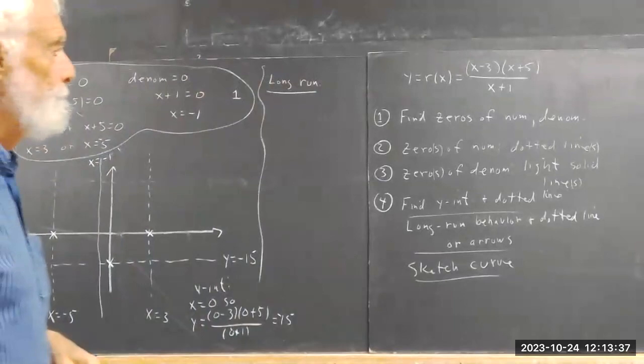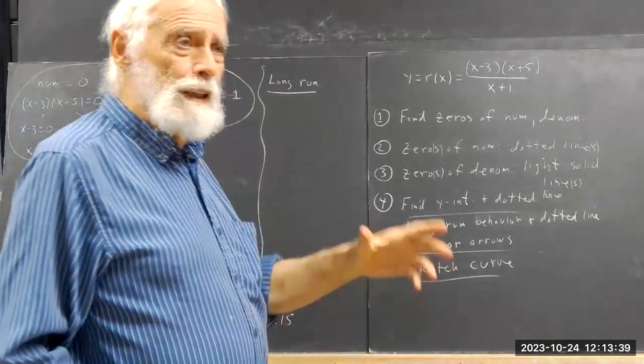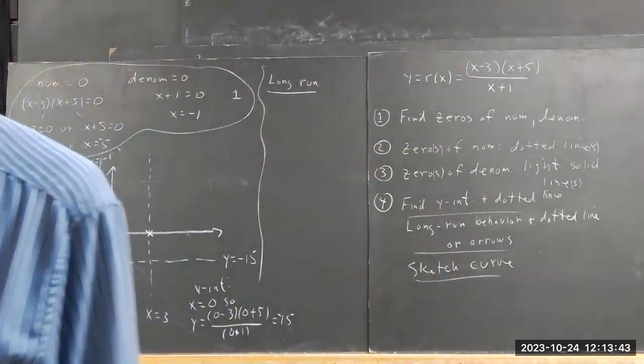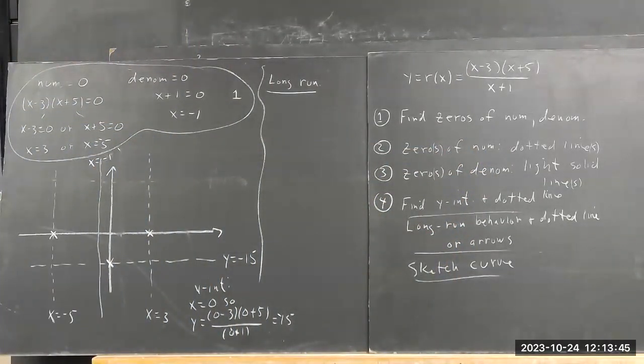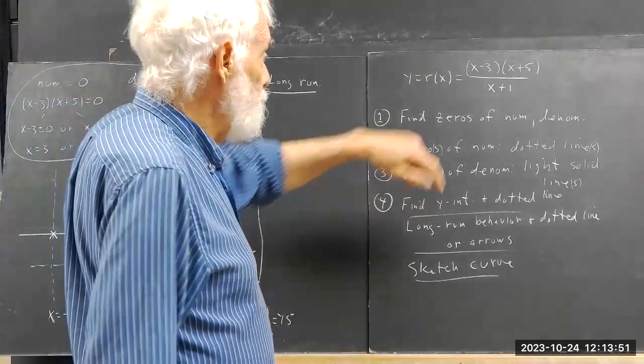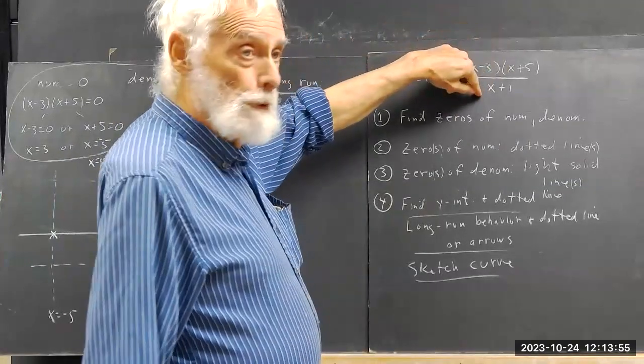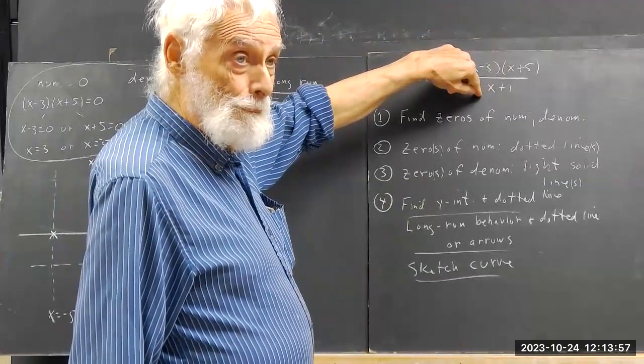Well, if x is a really big positive number, the numerator is pretty close to x times x. The denominator is pretty close to x, right?